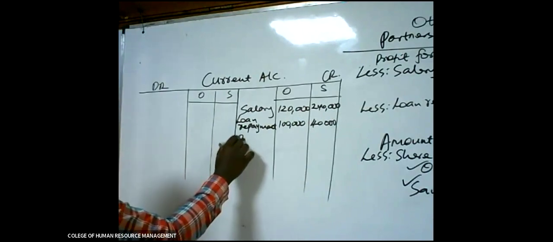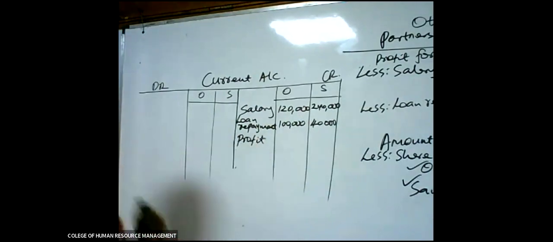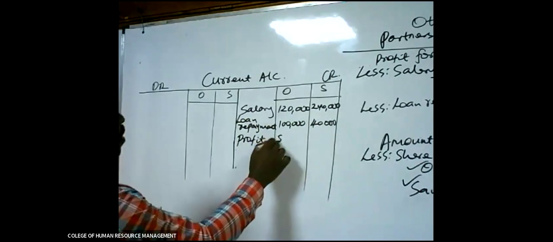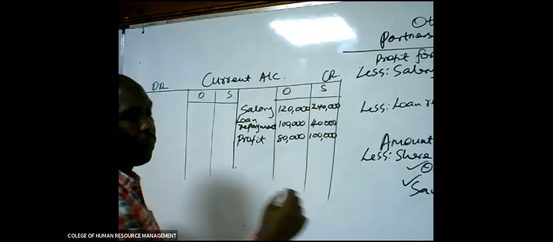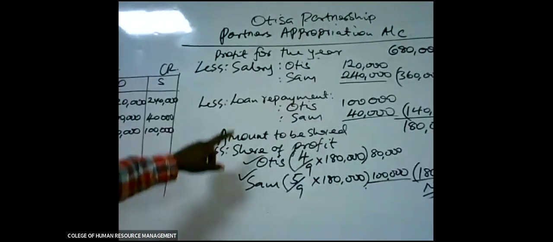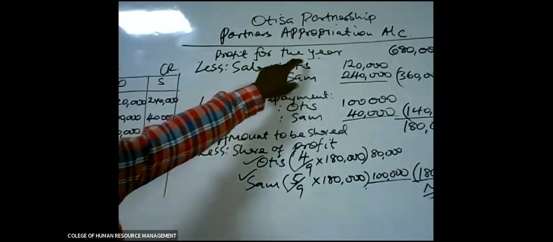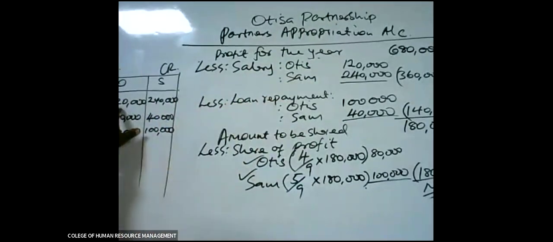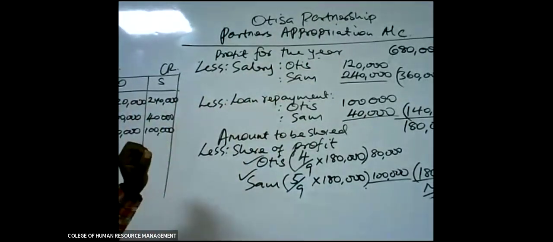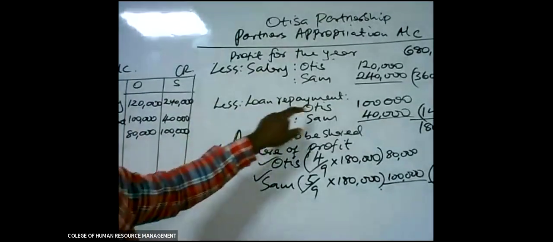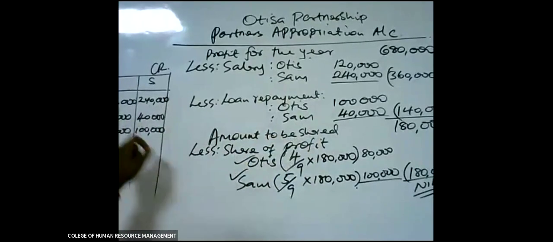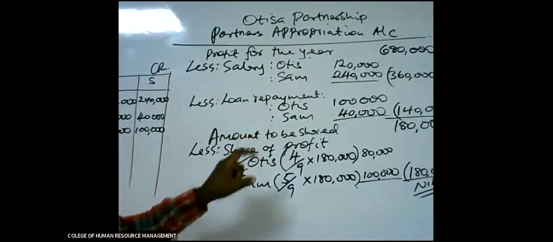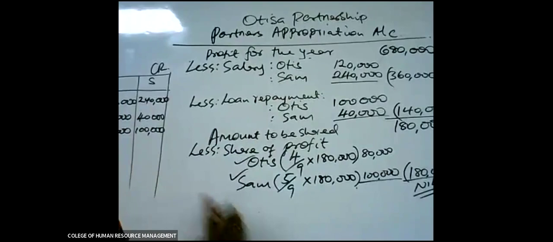Then there is the profit share: 80,000 for Otis, 100,000 for Sam, as per the appropriation. I'm just lifting these figures from the appropriation. The salaries, what each will get, I credit to them respectively. The loan repayment, what the business will pay them, credit to them. Even this profit, they are sharing the profit, so they are gaining from the partnership.